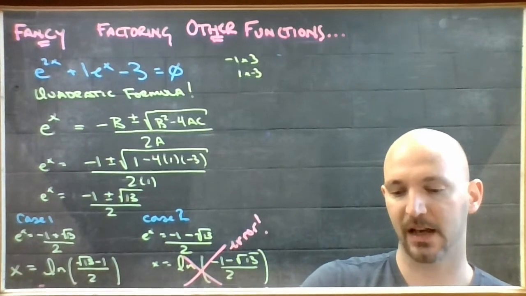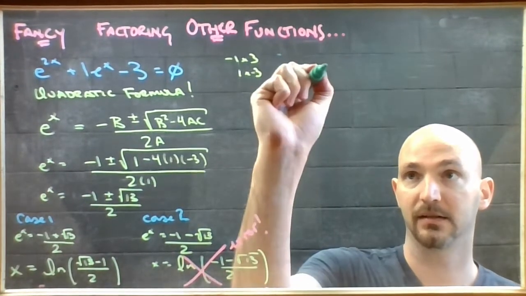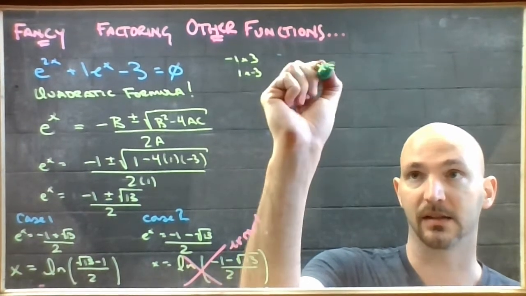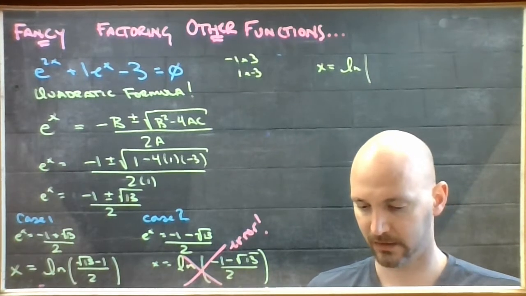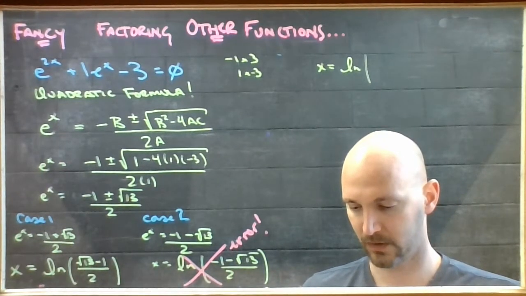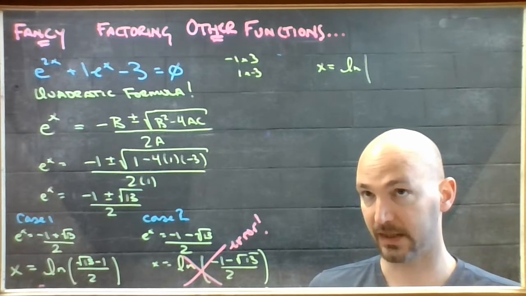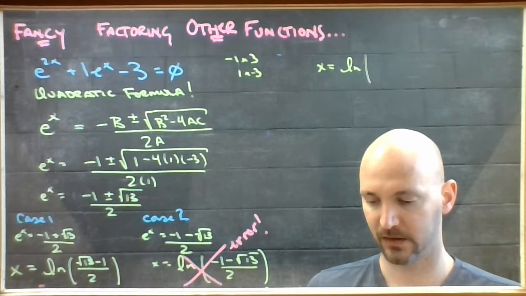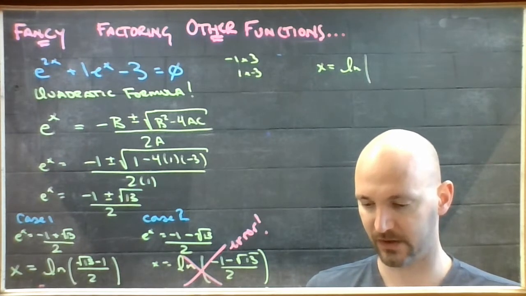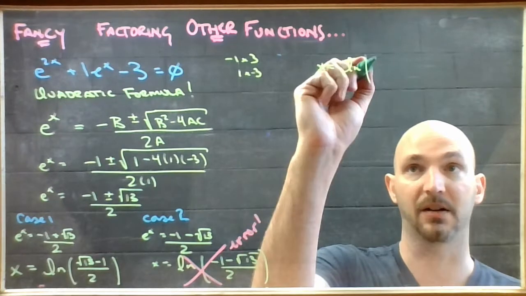So if I get out the calculator, let's see, x is ln of root 13. Root 13 is about 3.6. Subtract 1 is 2.6 divided by 2 gives me 1.303 approximately.